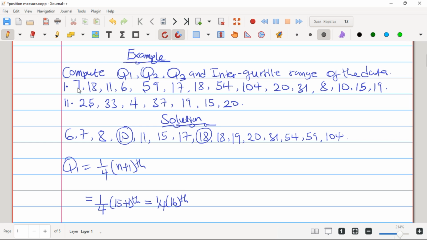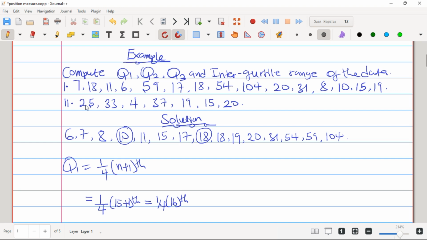The first raw data that we have is 7, 18, 11, 6, 59, 17, 18, 56, 104, 20, 31, 8, 10, 15, and 19. We have a second data set, but we will do the first one, and when we are done, we work on the second.